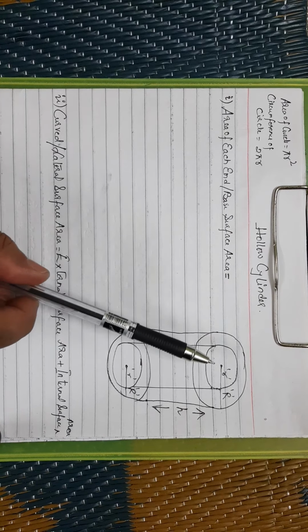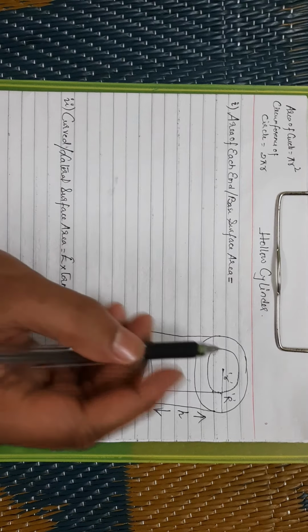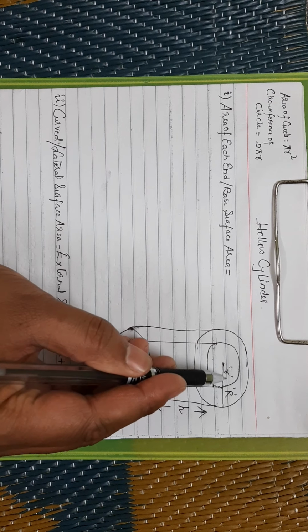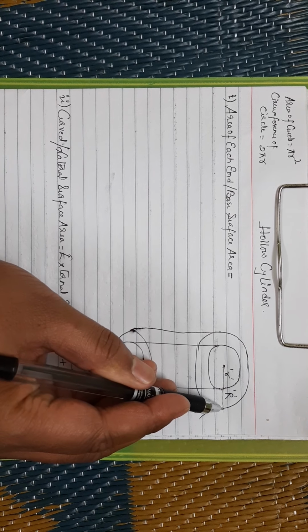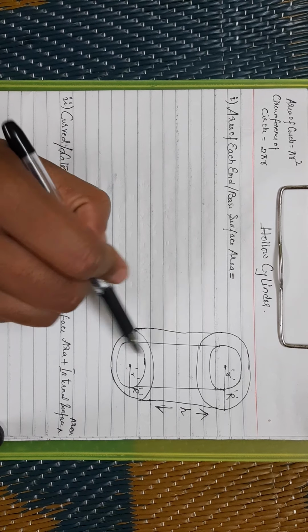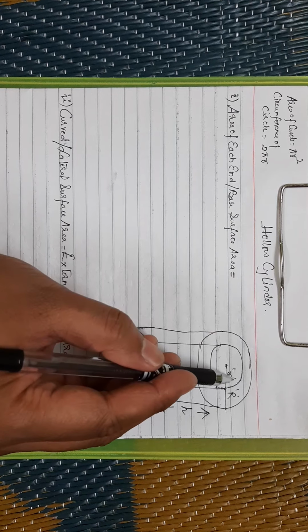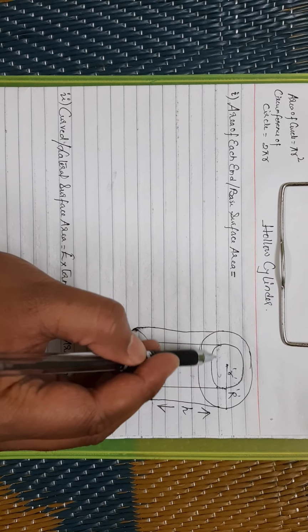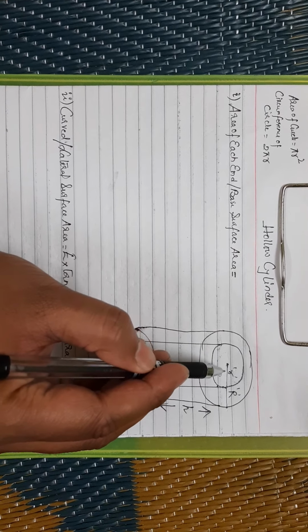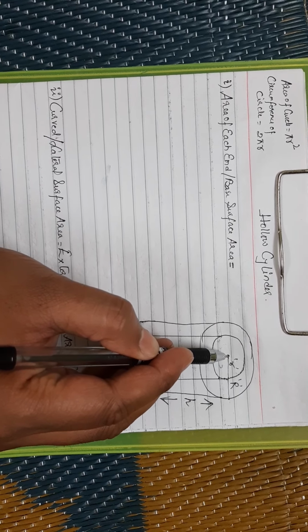Now when I look at this hollow cylinder, I can see that I have marked a small r and a big R. Why? Because on both ends, also known as the base area, there are two circles. If I want to find the area of the inner circle, since this is a circle, I use the formula pi r square.